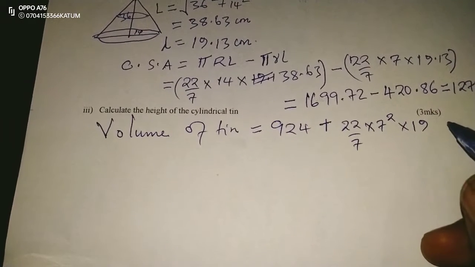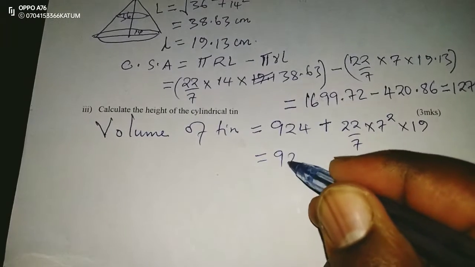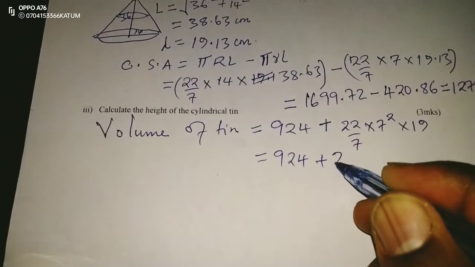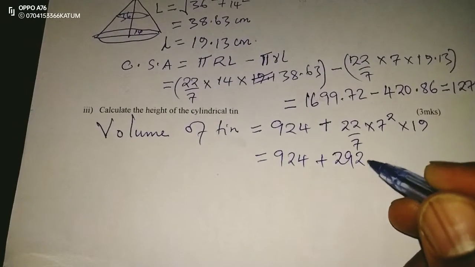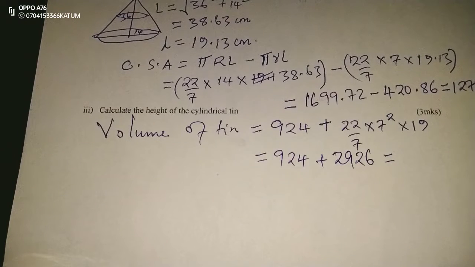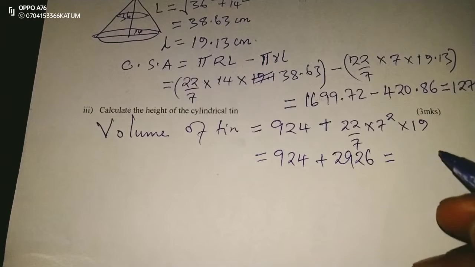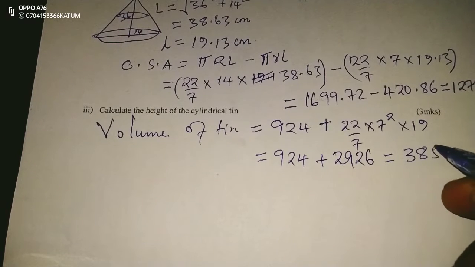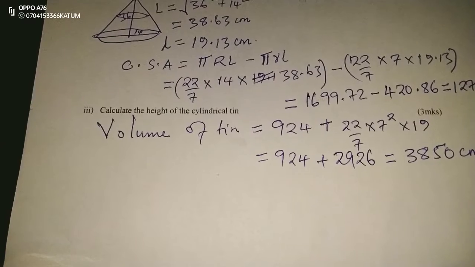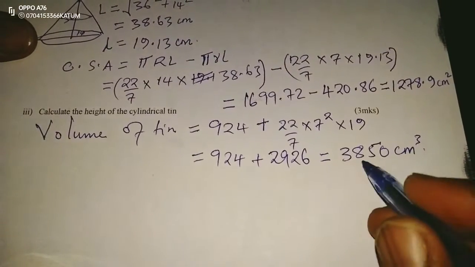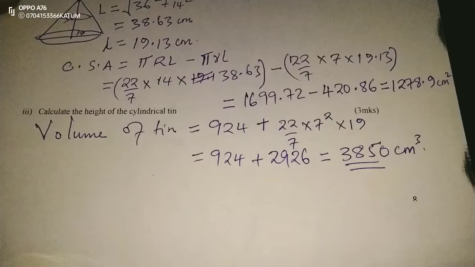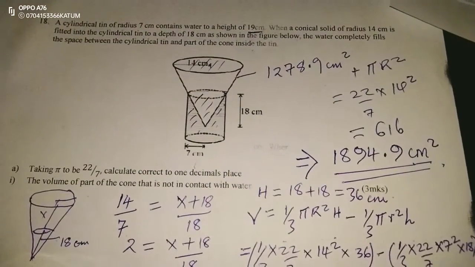This becomes 2926. So 924 plus 2926, when we add, becomes 3850 cubic centimeters.